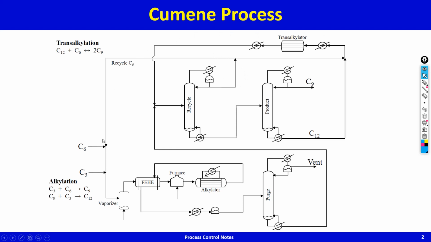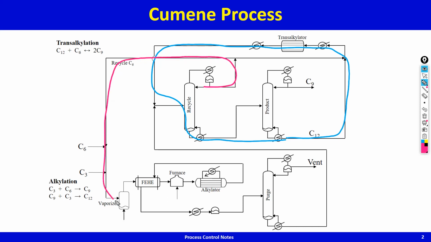I'll call this the DIPB recycle loop, this loop. You see, there are two recycle loops here. This is the DIPB recycle loop, and this is the benzene recycle loop.